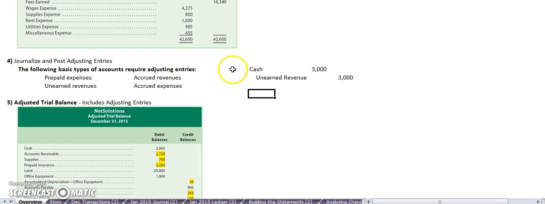Let's say this occurred January 1, and on January 31 we checked with our head lawn maintenance guy, and he said yes, we went out and maintained their lawn this month. So we're going to go ahead and book the revenue for 1 month.